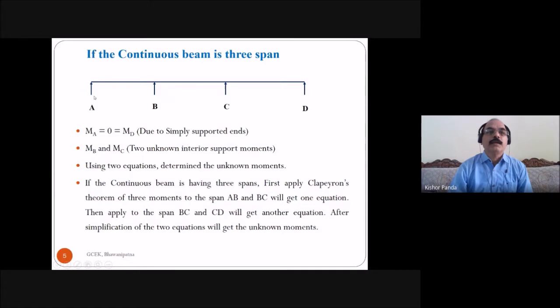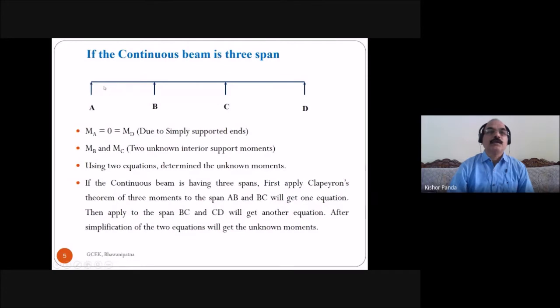So the moment at A and D is equal to 0, MA, MD equal to 0, due to simply supported ends. And these two are intermediate supports. There are two interior support moments, MB and MC. So these two are your unknowns, and you have to find these two unknown values using Clapeyron's theorem.